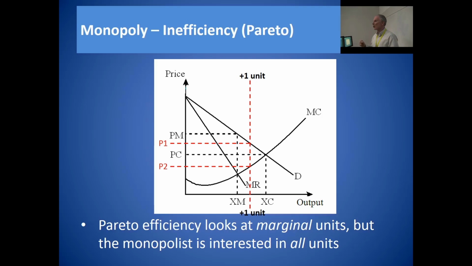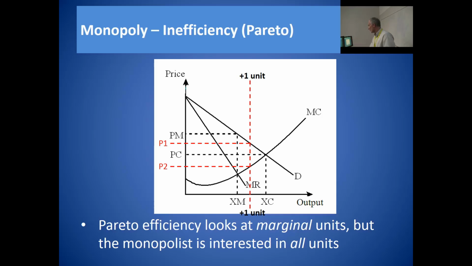I said, if the monopolist produced that extra unit, what would customers be prepared to pay for that unit? Not for all units, for that next marginal unit. What is the cost of producing that next marginal unit? And that is what the concept of Pareto looks at. It looks at marginal units.